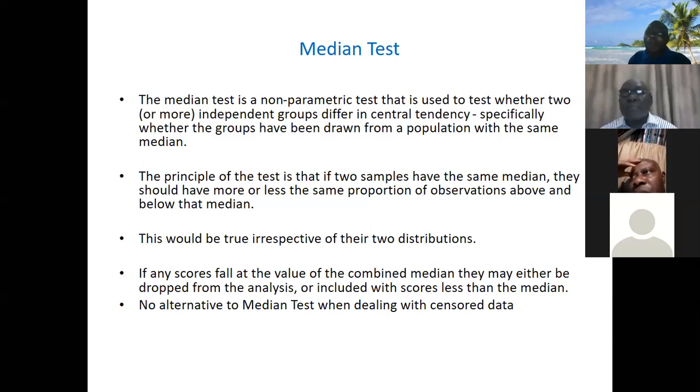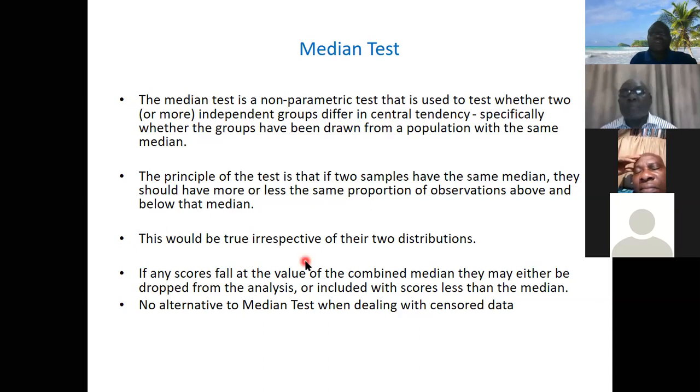But for non-parametric, this median test compares 2 or more. That shows that the median test is a non-parametric counterpart of the independent t-test and one-way ANOVA at the same time.